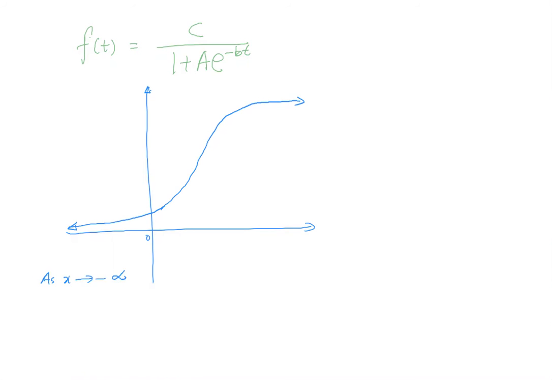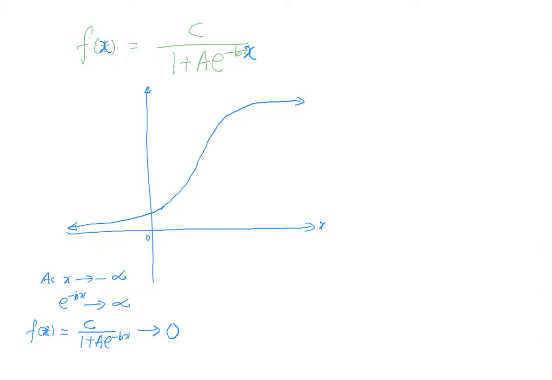You see your e to the power negative bx will approach infinity. So your f(x), C divided by 1 plus a e to the power of negative bx, will approach C divided by very, very big, become very, very small. So you will approach 0. So we call this an S shape.